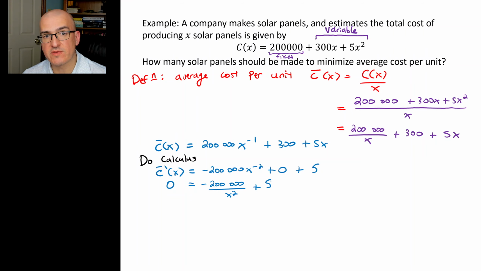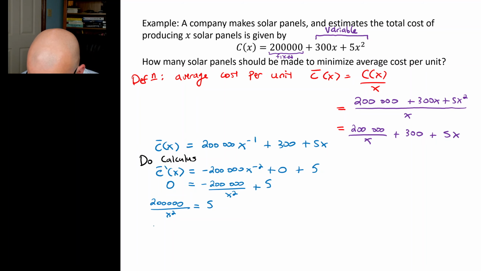I'm going to add 200,000 over x squared to both sides and move that piece over to the left. Then I'm going to cross multiply both sides by x squared. And then I'm going to divide both sides by 5.